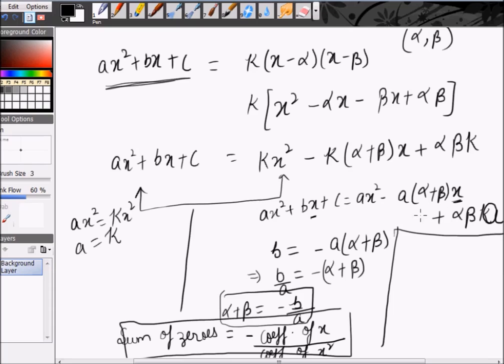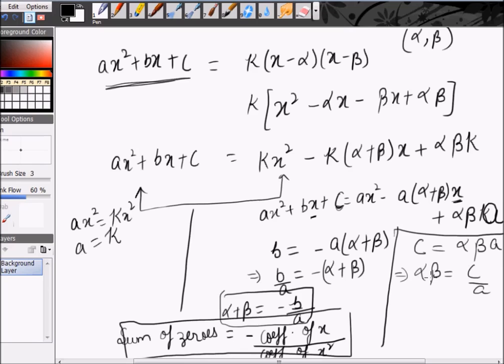Similarly, compare the constant term, that is c and alpha beta a. We get c equals alpha beta a, which implies that alpha into beta equals c over a.